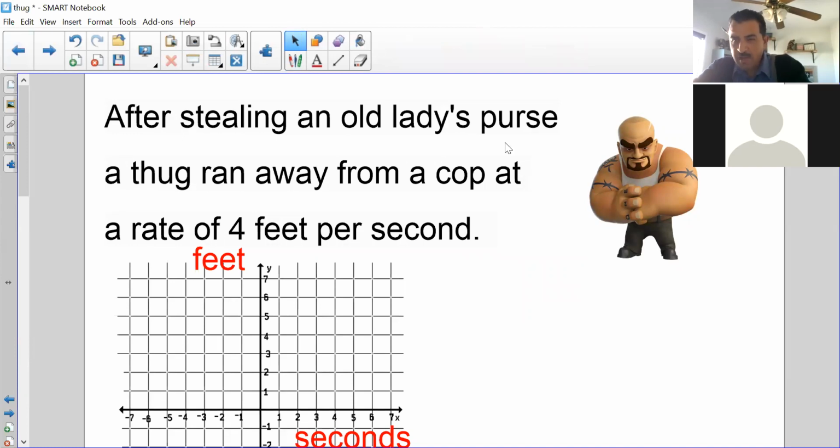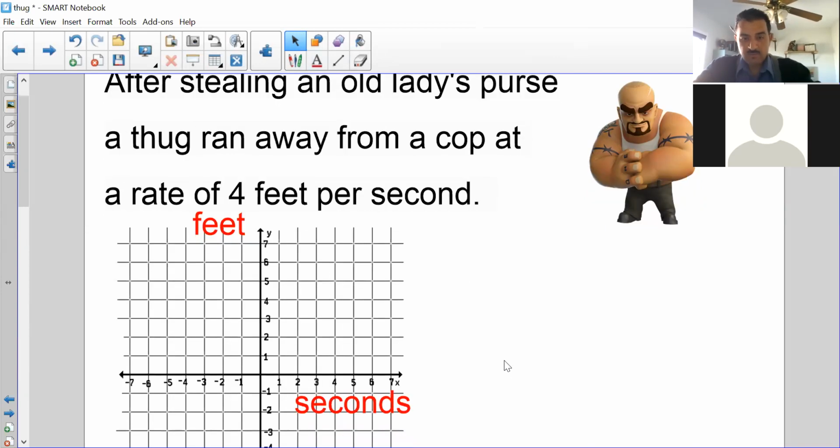And the phenomena in question right now is he's stealing an old lady's purse. So picture yourself on the corner of, let's say, 2nd Street and Gary. Okay. Picture yourself on the corner of Gary and 2nd Street, downtown Pomona, and there's a crime scene.